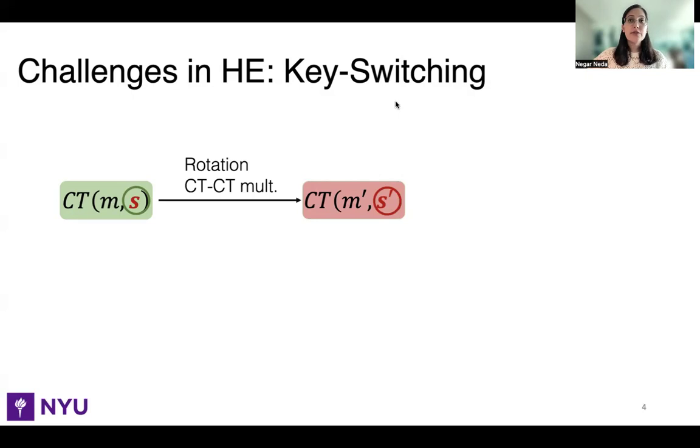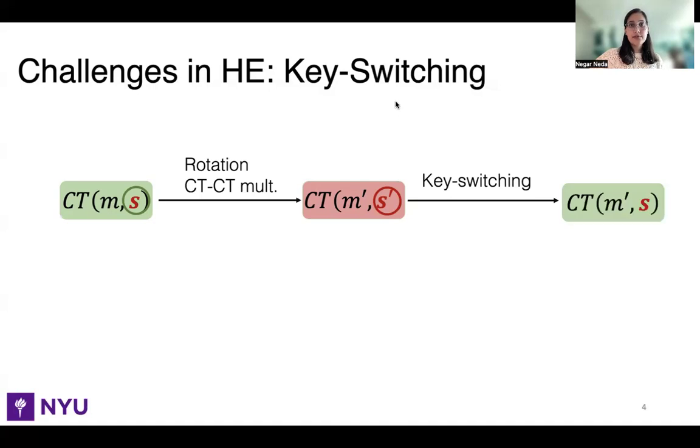But the problem is that the user can only decrypt information that is encrypted under the initial key S. So here comes key switching, that converts this ciphertext to another ciphertext that is now encrypted under the initial key S.